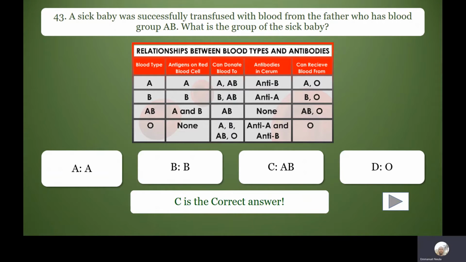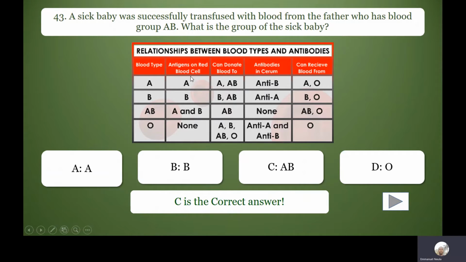red blood cell. Remember, it is the antibodies of the recipient that fight against the antigens on the red blood cell of the donor.